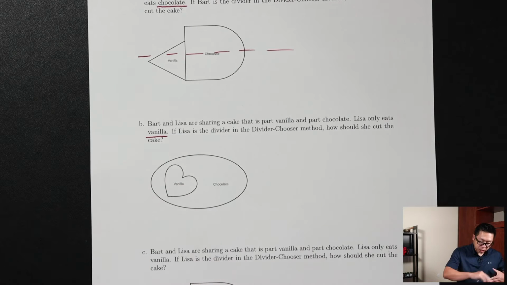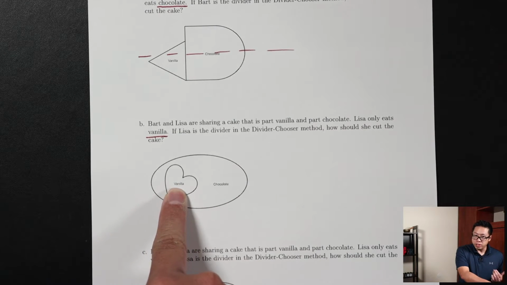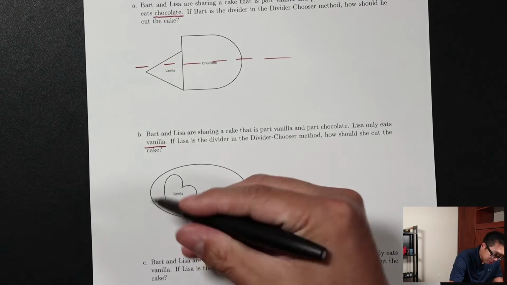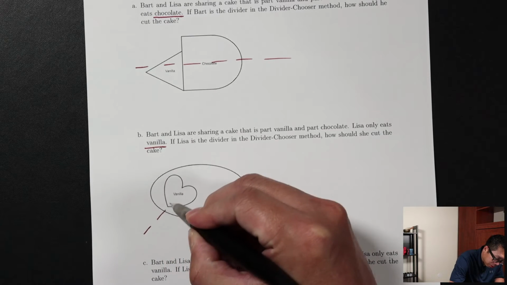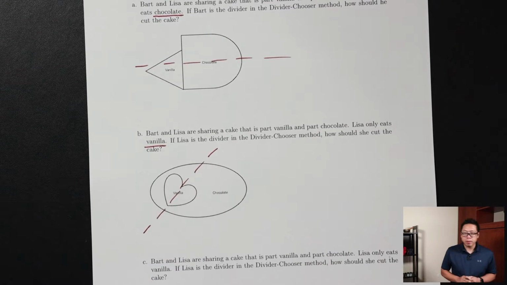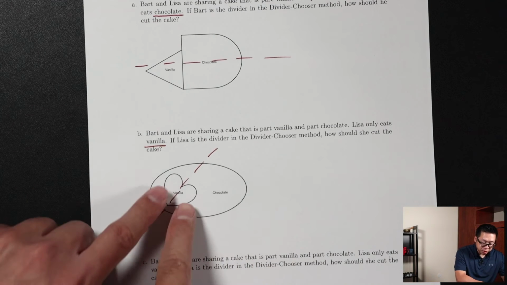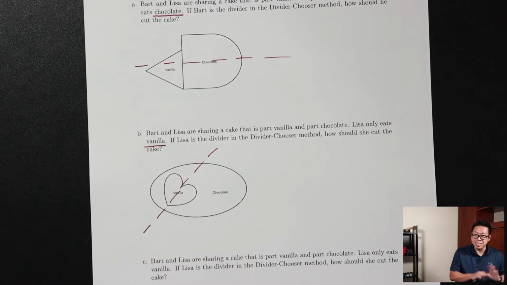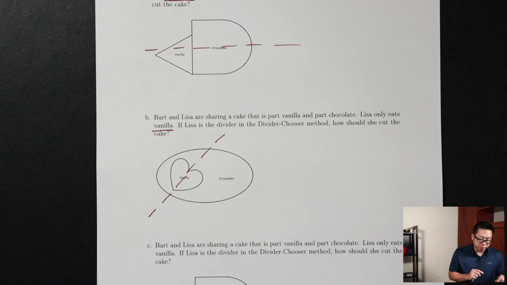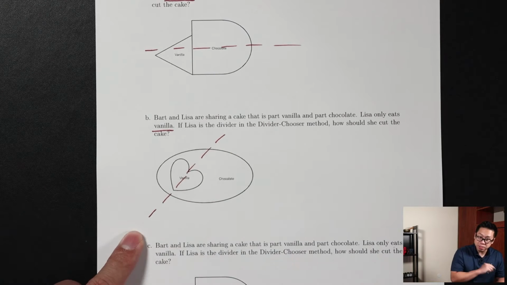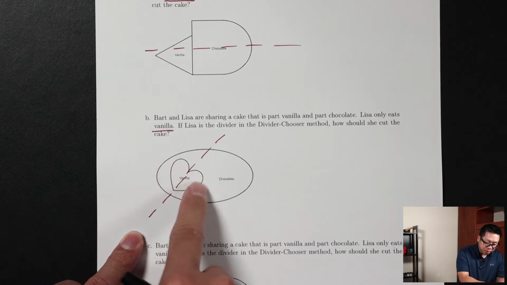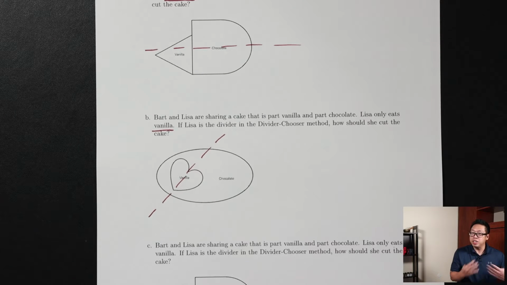As evenly as possible, the cut for this heart will be down the middle of the heart. Okay. Bart chooses whatever piece he wants, and Lisa gets the piece that's left. But both pieces of the vanilla heart are exactly the same based on the way that she cut it, like this. The left and the right side are exactly the same, so she doesn't care which one she gets.